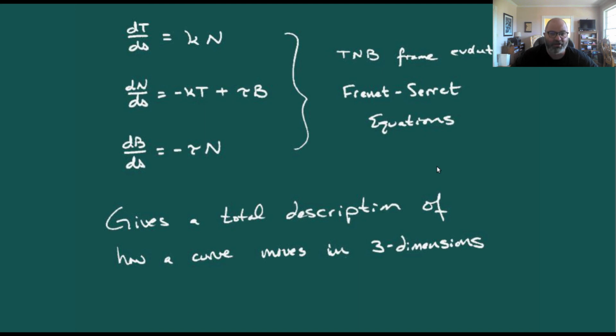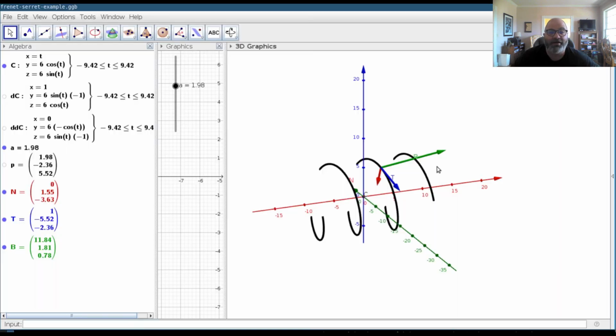So let's take a look at maybe GeoGebra to get an idea of how these things really look. Here I've already got a curve made up that is just going to be a spiral heading down the x-axis.